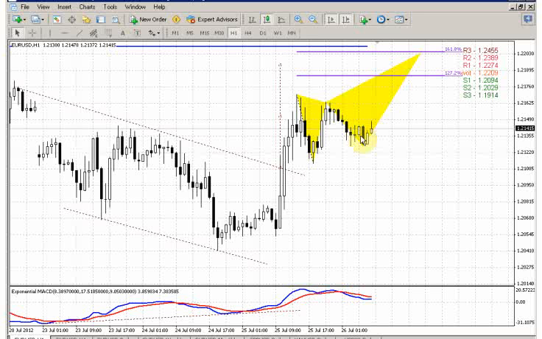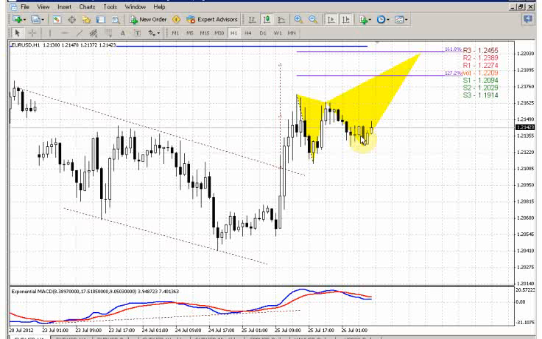I think that currently it's more suitable to follow just the nearest targets and not mirror any positions, since the current move to the upside has an obvious counter-trend nature, and the overall trend on the long-term perspective is bearish.